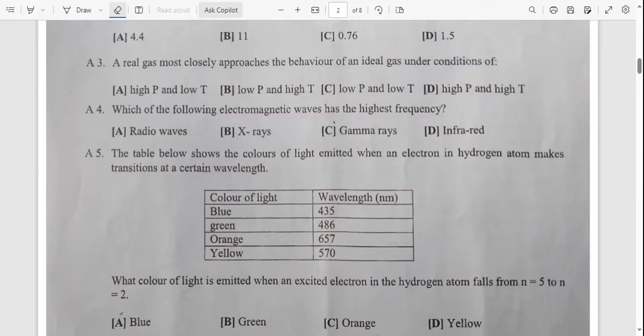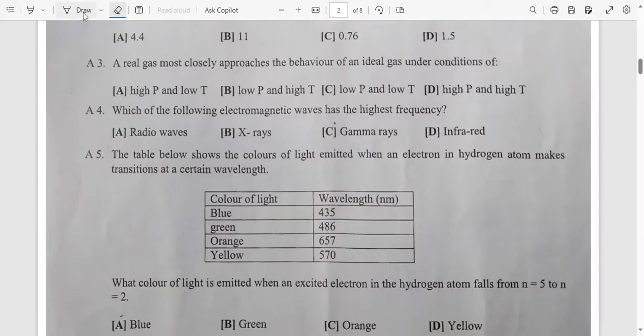So let me write that. Okay, so the one which has got the smallest frequency is the radio wave, and then you have gamma radiations, X-ray, UV, visible light, and then you should have infrared, microwave, and radio wave.